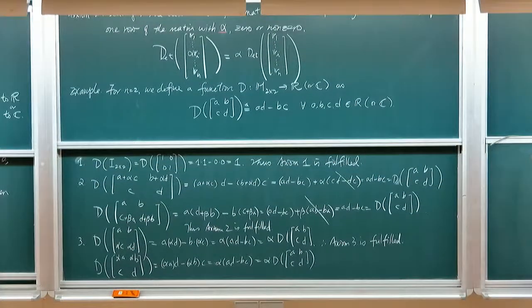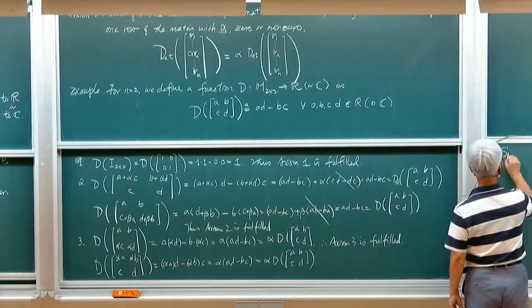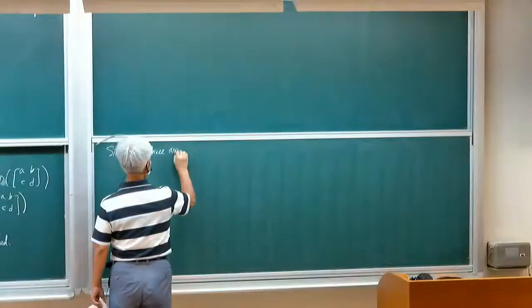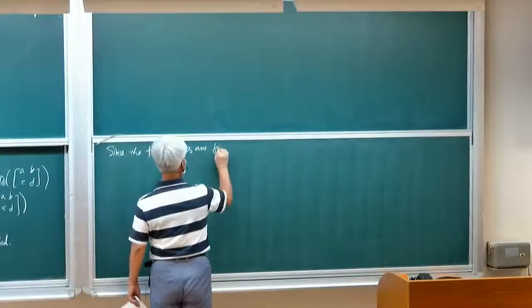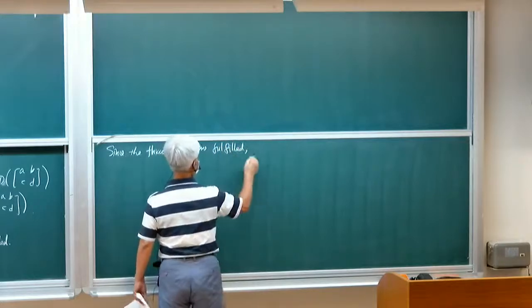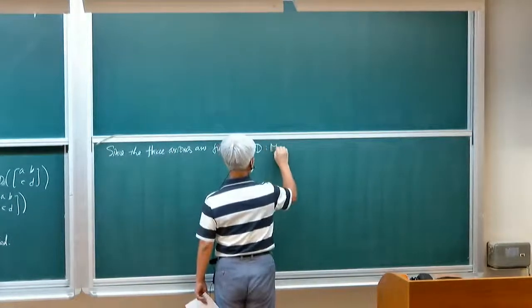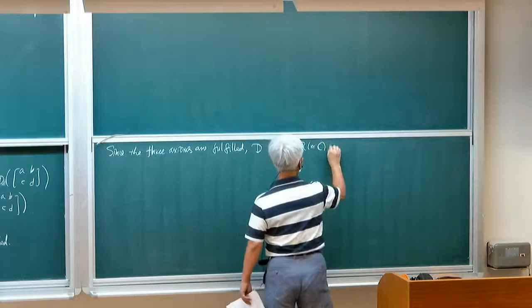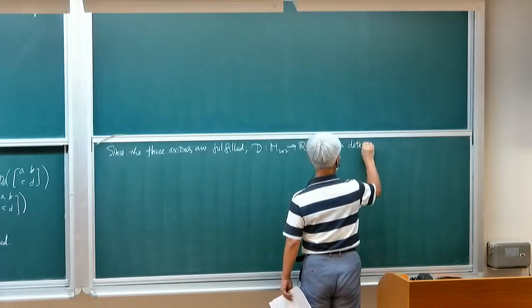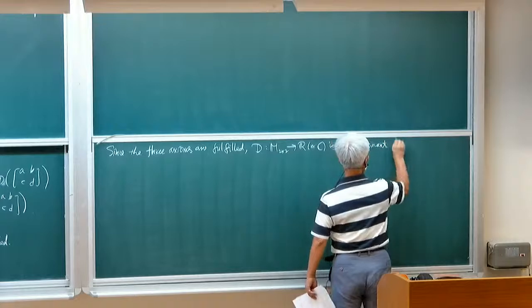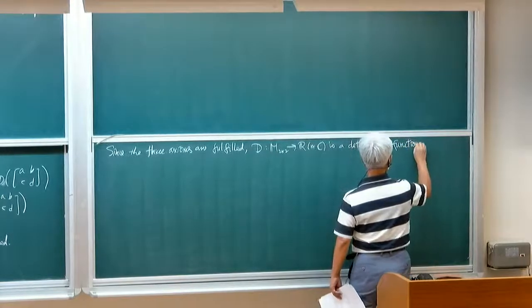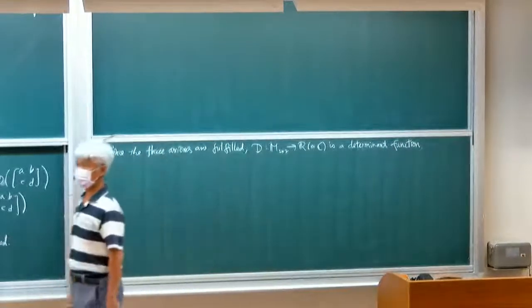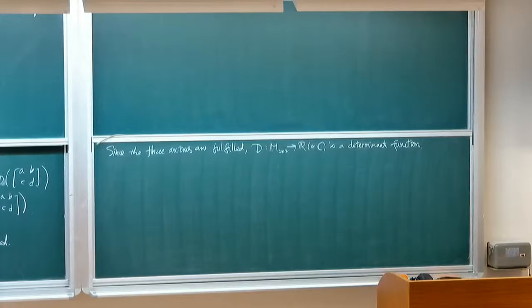So our conclusion is that since the 3 axioms are fulfilled, D from 2 by 2 matrices is a determinant function. Okay, so we find a determinant function for 2 by 2 matrices.